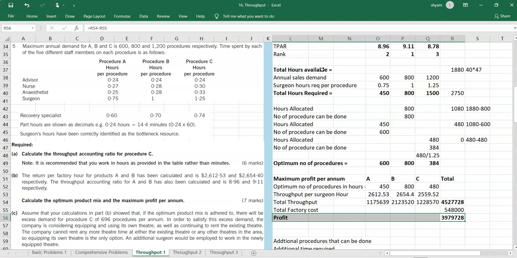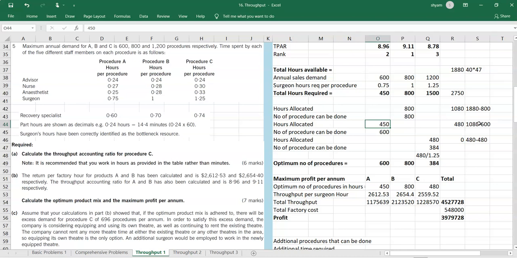So let's check whether we have done everything correctly, and we'll then move on. Okay, I think we have done something wrong here.